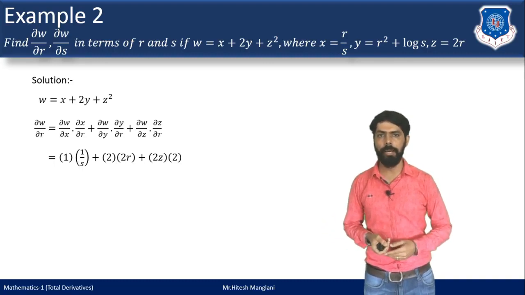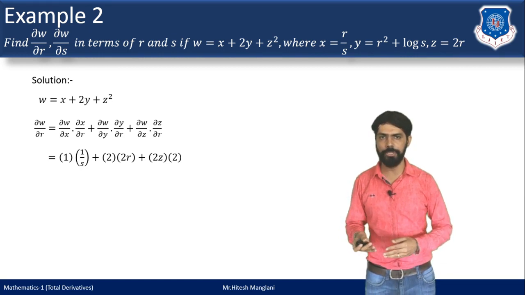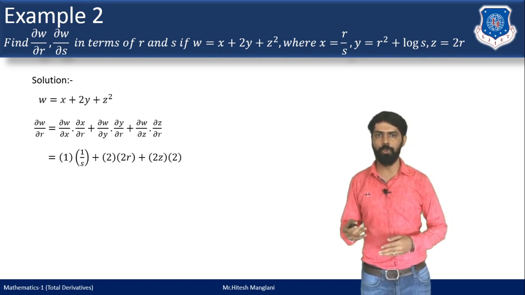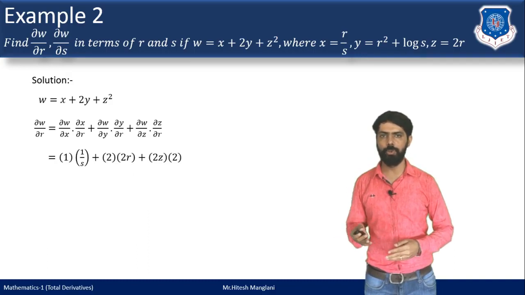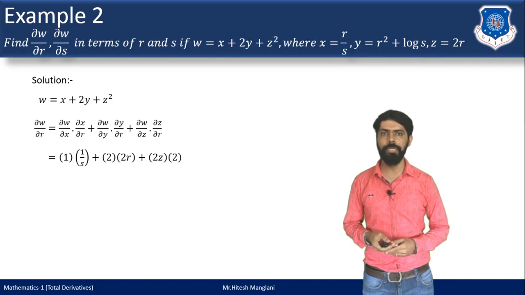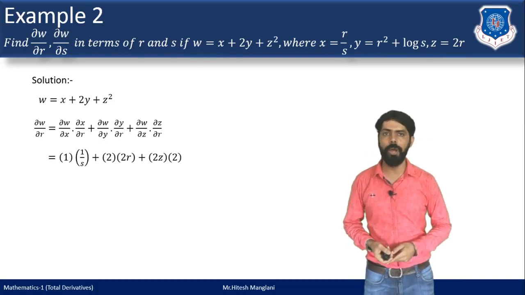Now del y by del r. So what is y? Y is r square plus log s. So if we take partial differentiation of y with respect to r, then it will be 2r, and s is a constant, so the derivative of log s will be 0. So del y by del r is 2r. Now think about del w by del z. So here w is equal to x plus 2y plus z square.